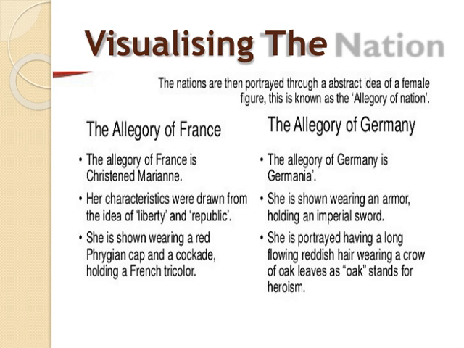These visuals are powerful because they communicate complex ideas quickly and effectively, often conveying a sense of unity and shared identity. For example, a national flag or emblem can evoke feelings of pride and belonging. Similarly, maps that highlight regional cultures or historical sites can tell stories about a nation's past and present.